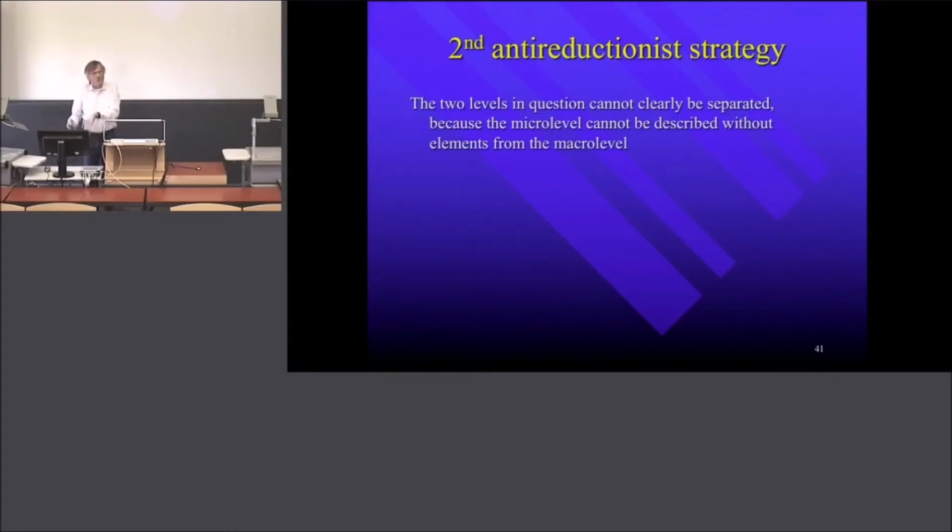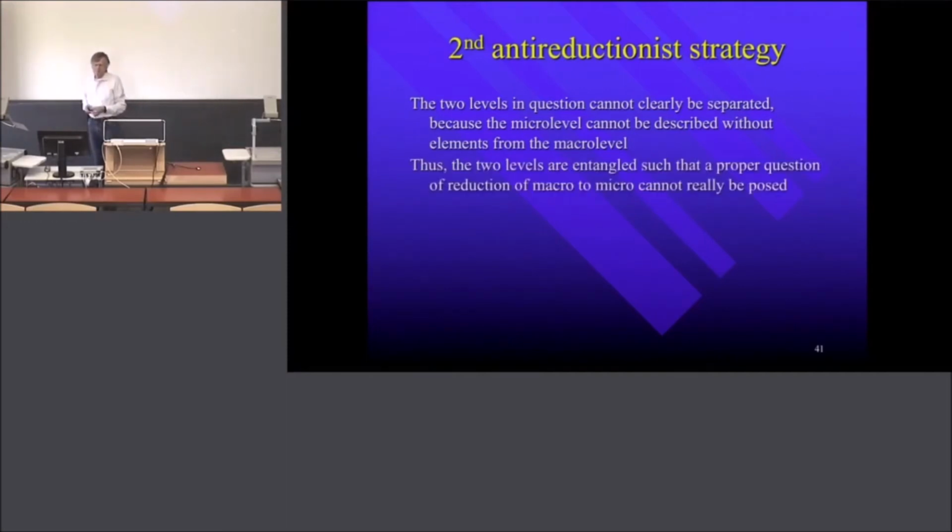And then, of course, one strategy to attack that program is, look, you cannot make this distinction between the macro and the micro level. There is one economics anyway, right? So this is a strategy also used in different areas, for instance, chemistry to physics. People use it. Biology, I don't have an example in mind at the moment. But anyway, this is a well-known strategy. Let's see how good it is.